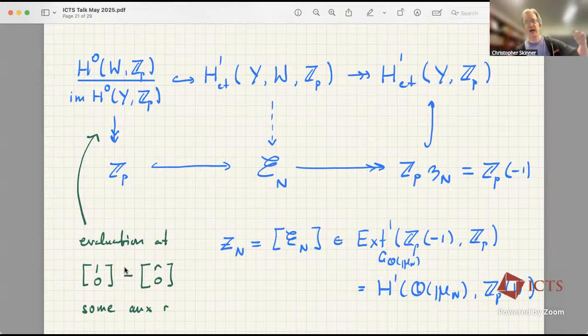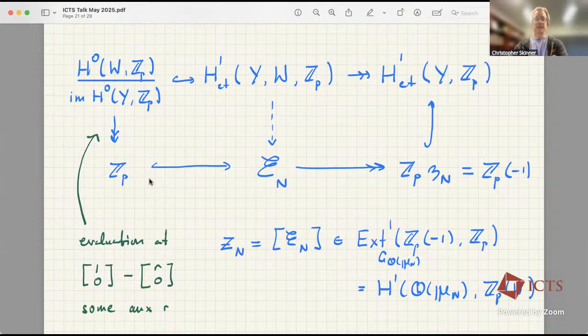Well, I'd like to evaluate it at the cusp at infinity, but I need whatever I'm pushing forward to vanish on the image of the H0 of Y itself, which of course is the constants. So it's the diagonal, the embedded constants on the cusps there. And so I need to look at the difference of two cusps. And now I'm realizing I wrote that wrong. But this map, this left surjection, is just the difference of two cusps.